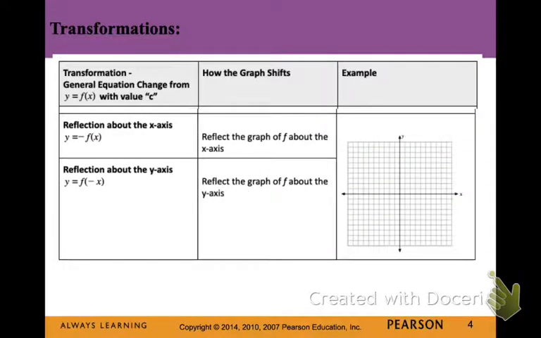So now let's review reflecting. So we can reflect about the x-axis or the y-axis. So let's start with another quadratic, and now this one you might recognize as being shifted 5 to the right. We are going to reflect it about the x-axis. So notice it says we're going to reflect each of those points across the x-axis.